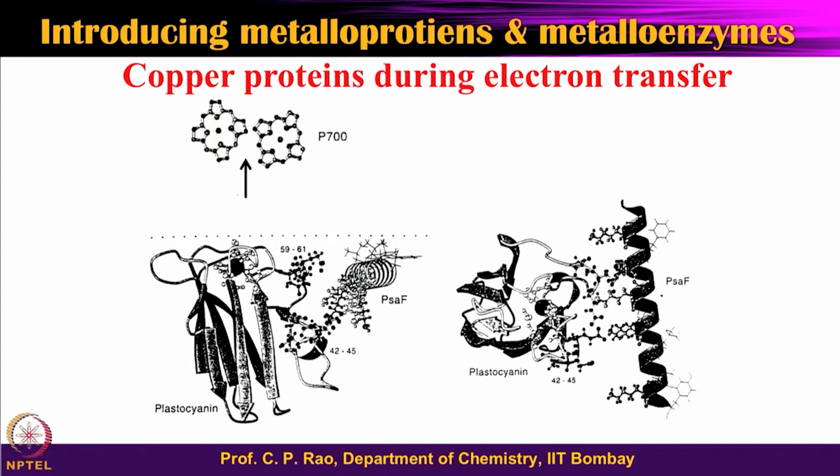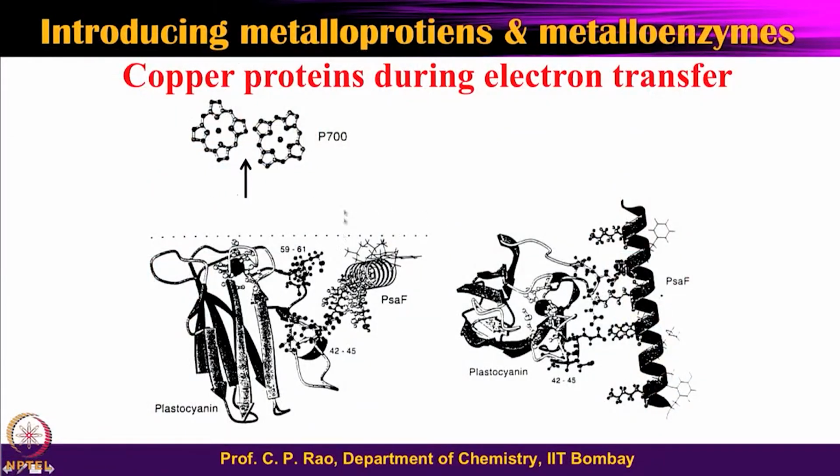Prior to that I introduced the two proteins coming closer: one is giving away an electron, the other is taking the electron, or vice versa. They come together, there is a reorganization, and then the electron transfer takes place between them, through either an inner sphere or an outer sphere electron transfer. Many times you will have an outer sphere electron transfer, and that is the kind of thing you can see here too.